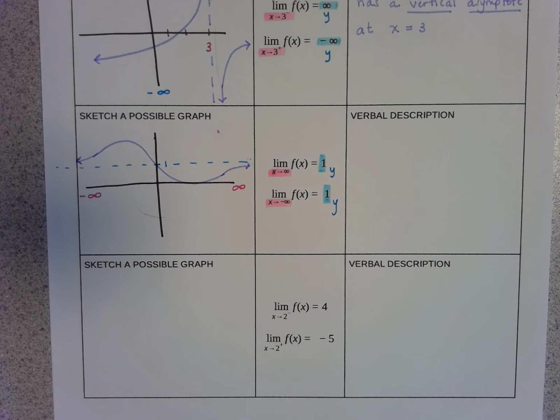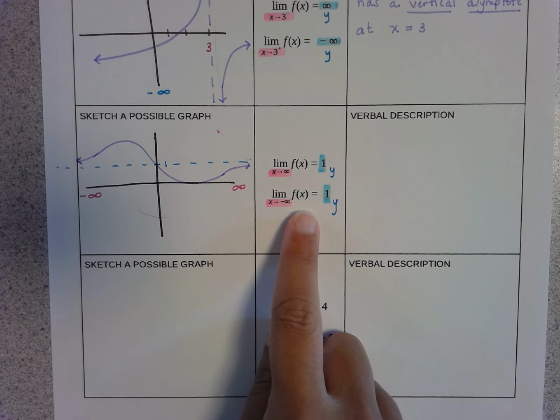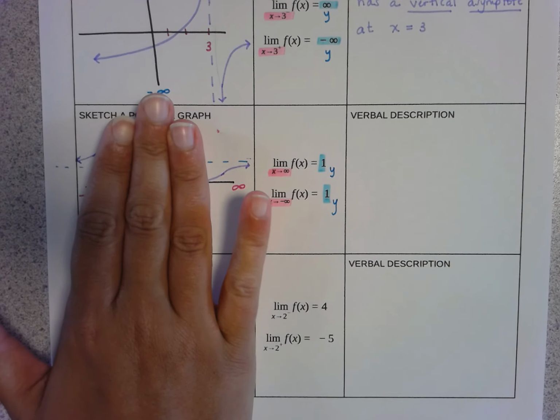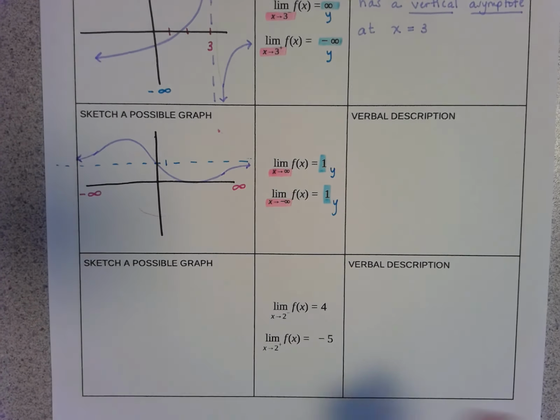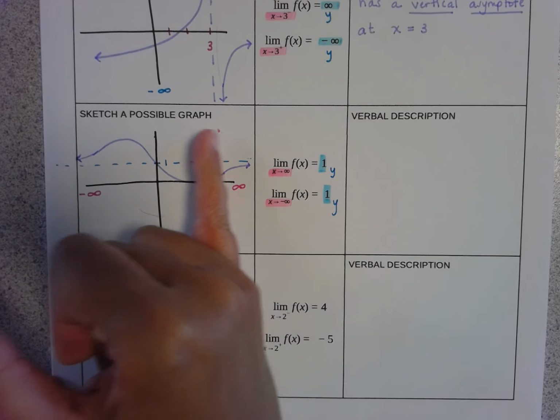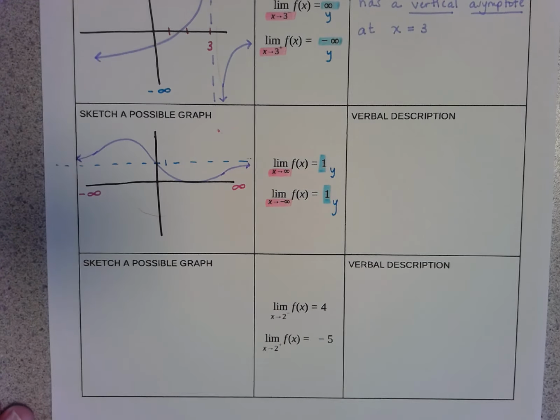Because the only thing I need to do is satisfy these two limits, the middle of the graph doesn't really matter as long as it's a function. To make sure that it's a function, I can just imagine using the vertical line test, and no matter where I draw my vertical line, I'm going to pass that test. In words, how would I describe what's happening?